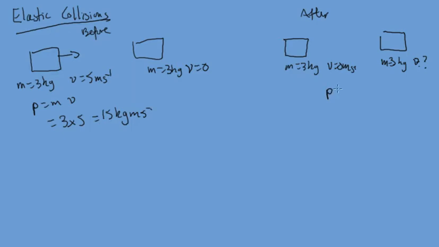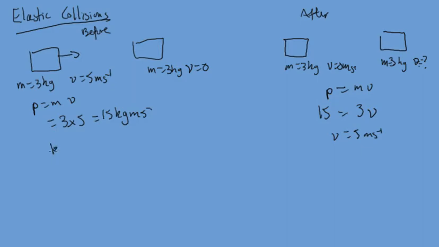And the momentum after is mv, so this must be the same. The mass of the one that's now moving is 3. We don't know the velocity, but our first mass is now stationary, so that's got 0 momentum. So the velocity is 5 meters per second, which was the same as this. You can see where this is going.